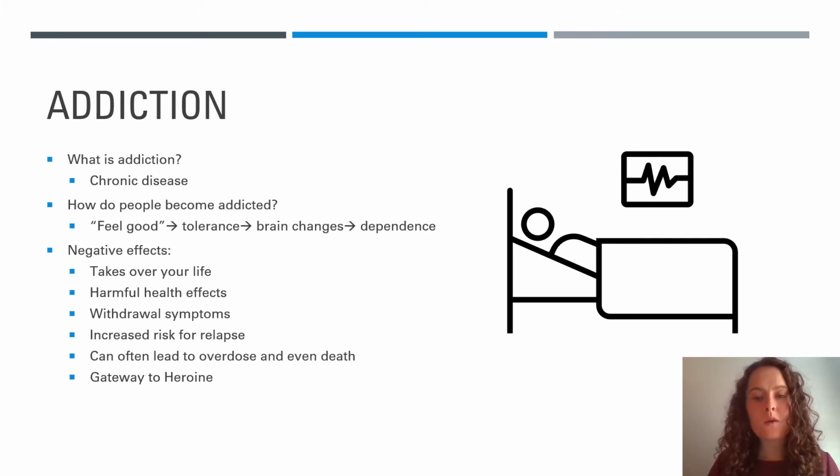So, why is the opioid epidemic occurring, and why are opioids such a big problem? Well, this is because opioids are highly addictive. What exactly is addiction? Addiction is a chronic disease. Individuals who are diagnosed with addiction are usually diagnosed because of their drug-seeking behavior. So these individuals are always looking for these drugs.